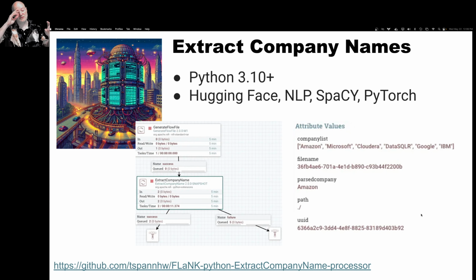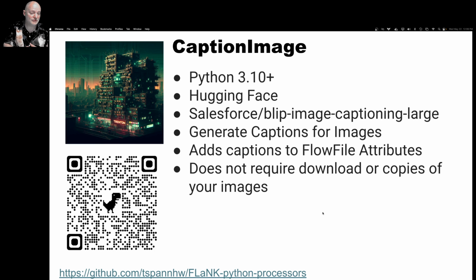I wrote a little bit of Python with the help of some awesome libraries on Hugging Face, covering natural language processing, spaCy, PyTorch, and these will let us get company names out of text, and you'll see why we may want to do that. Also, I have one to caption images.